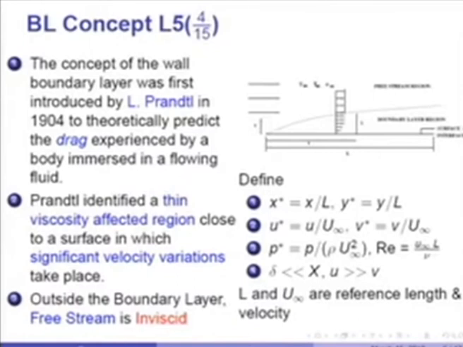Prandtl suggested that you don't need to consider the total flow around a body, but merely concentrate on a thin region very close to the wall as shown here, which he called the boundary layer region. It is in this region that significant velocity variations take place, and it is the region in which the viscosity of the fluid dominates the determination of flow.